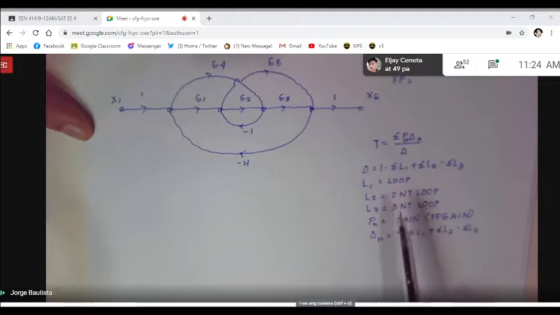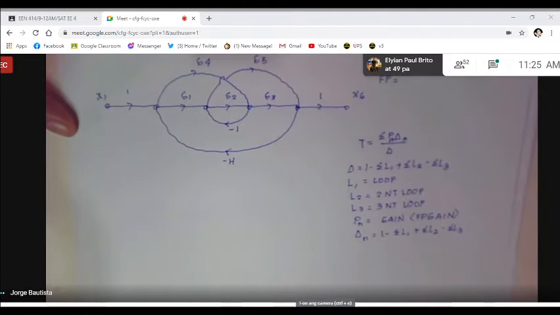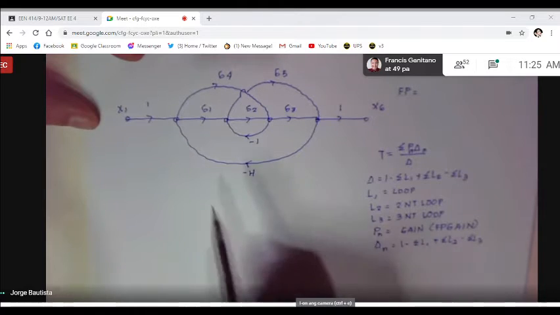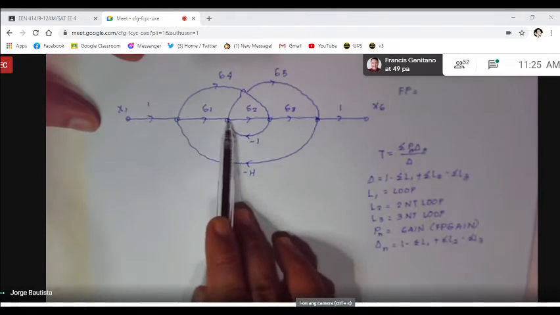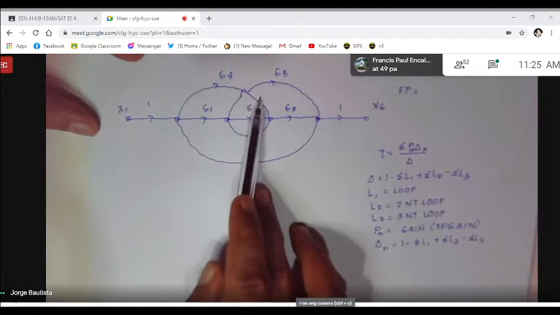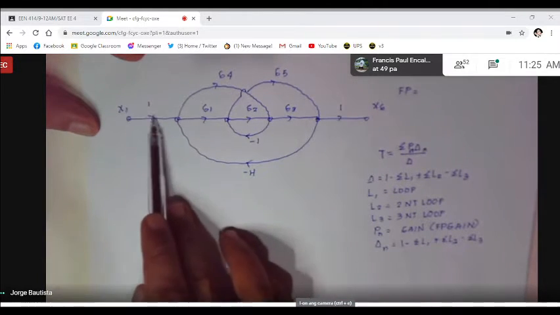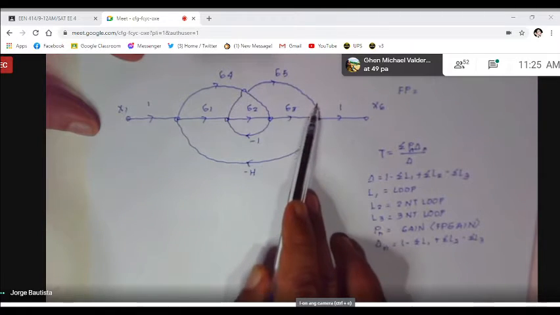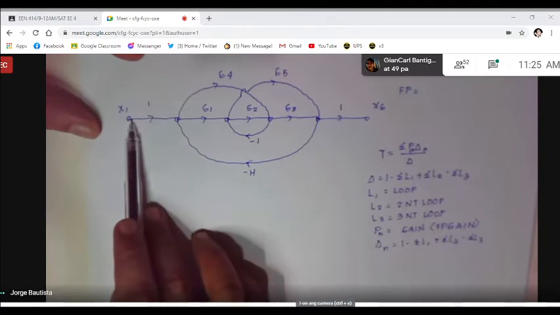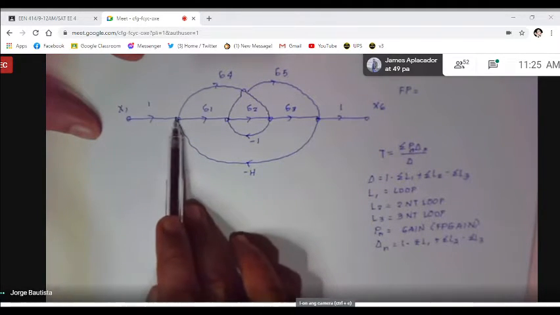Okay, so ilang forward path ito? 4, sir. So, check natin. 1, 2, 3, yung ano, 4.